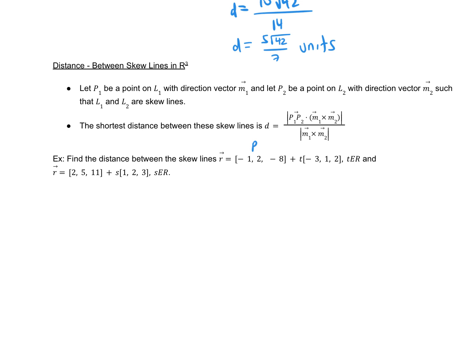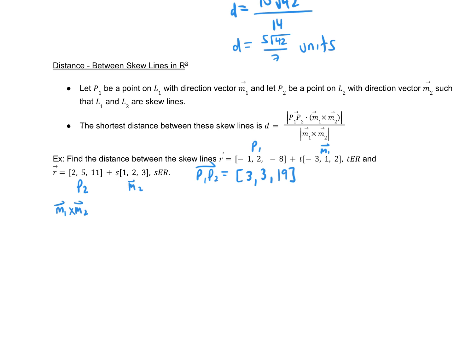So here's P1, here's P2, there's M1, there's M2. I'm going to start by finding vector P1P2. So 2 minus -1, 5 minus 2, 11 minus -8. There we are. I also need the cross product between M1 and M2.